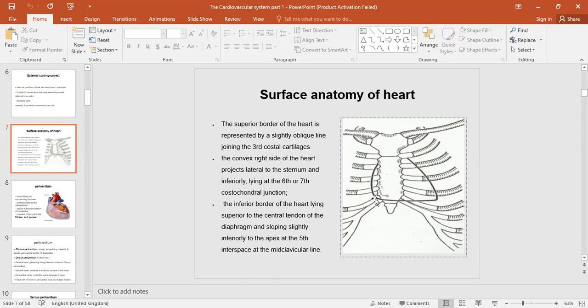Then at the 6th rib, a horizontal line connects the two. So the heart will be seen here. Injury here, especially penetrating trauma, may cause damage to one or more chambers of the heart. If it's blunt trauma, it may just cause bleeding within the pericardial sac, and that may later lead to cardiac tamponade and cardiac arrest.